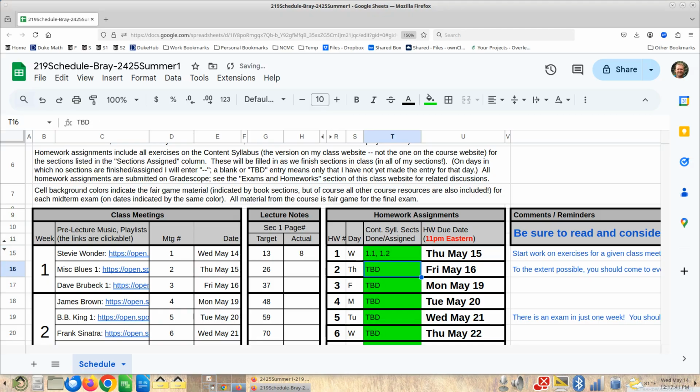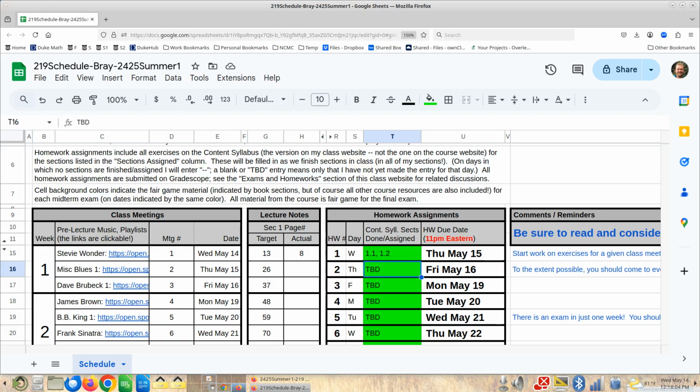And so first homework set is already defined, right? So this homework set number 1, right? Today is Wednesday. Homework set number 1, sections 1.1 and 1.2. And that's due Thursday. Note the time here, 11 p.m. Eastern, right? So always 11 p.m. Eastern on Thursday.